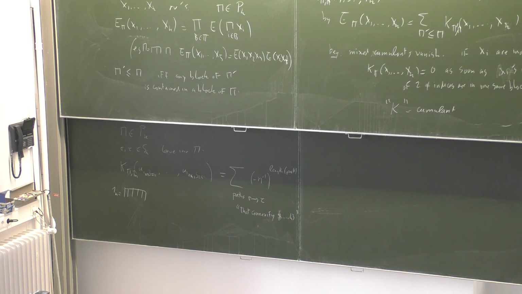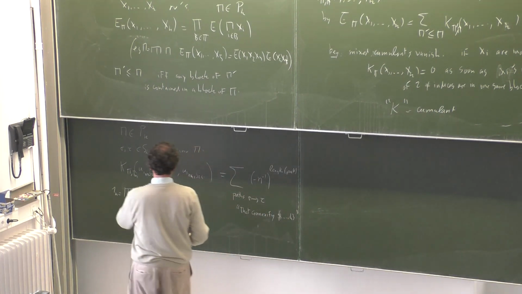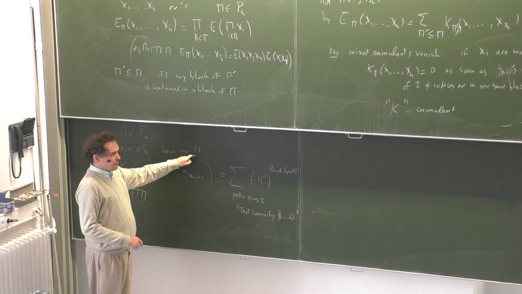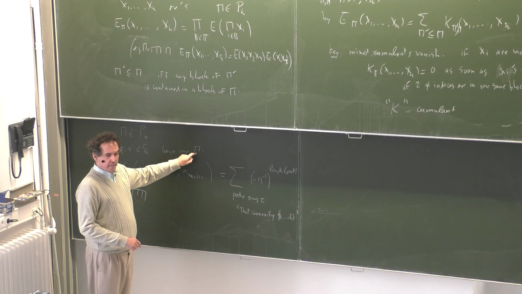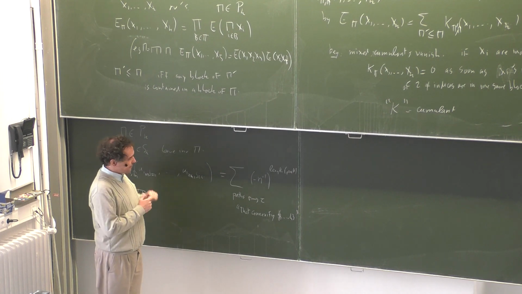Here I was requiring that for sigma and tau, if I look at the action of the group generated by them, the orbits will be inside a subpartition of pi.